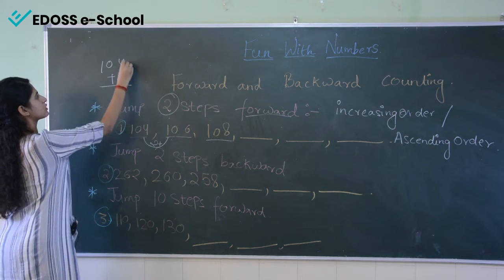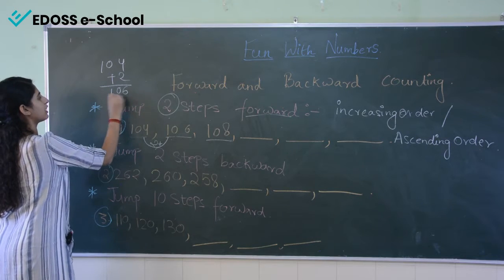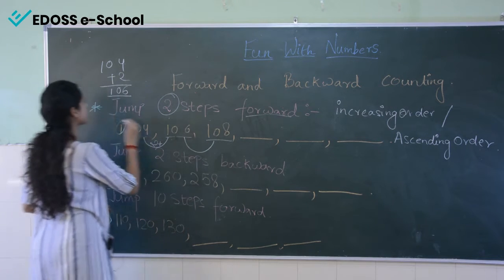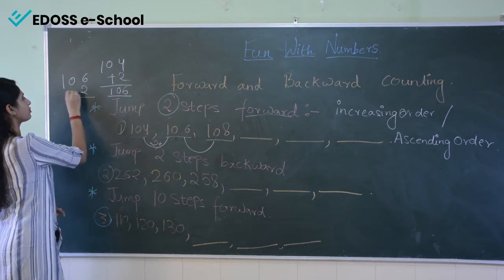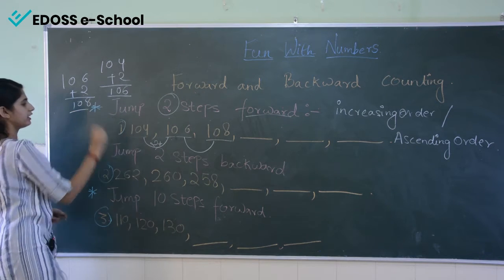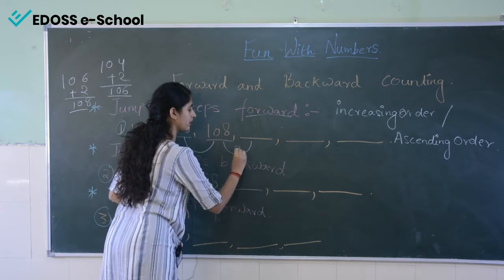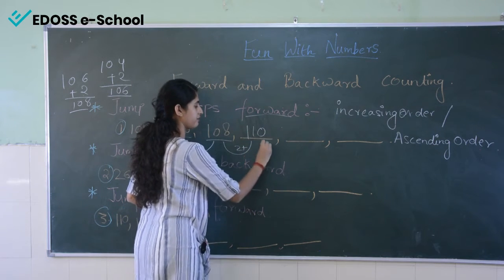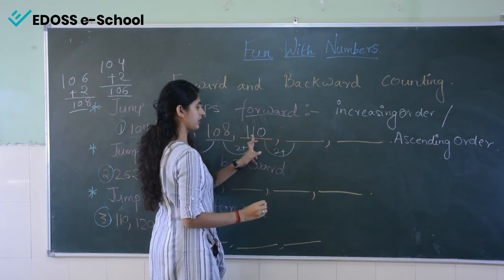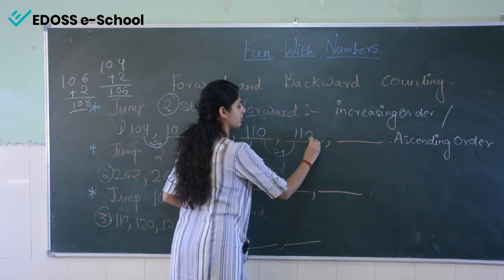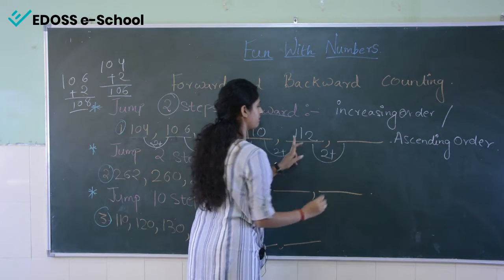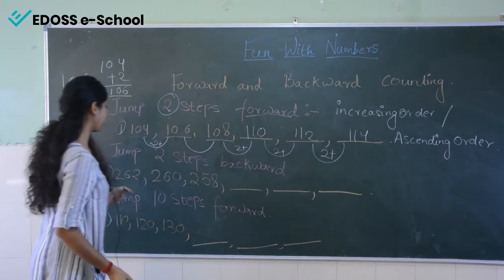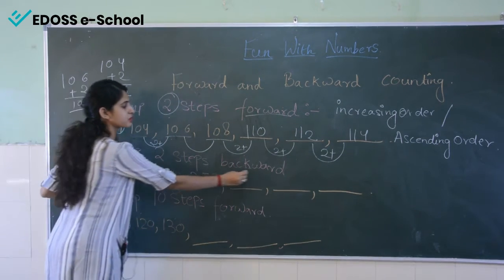I will add 2 to this: 104 plus 2 is 106. 106 plus 2 is 108. 108 plus 2 is 110. 110 plus 2 is 112. 112 plus 2 is 114.